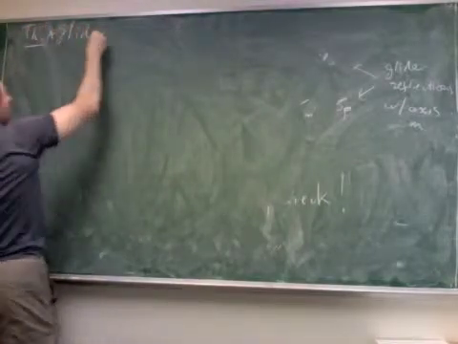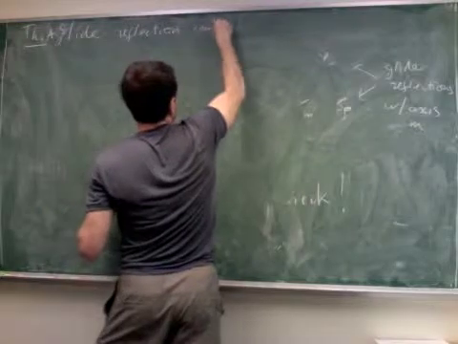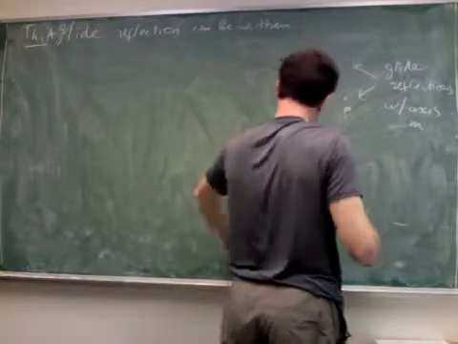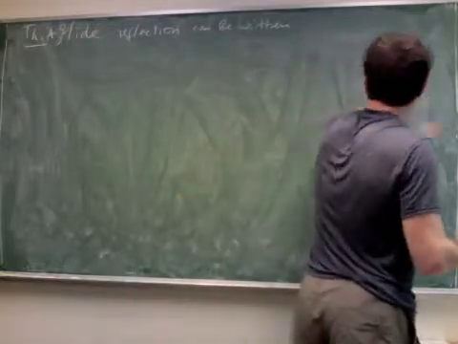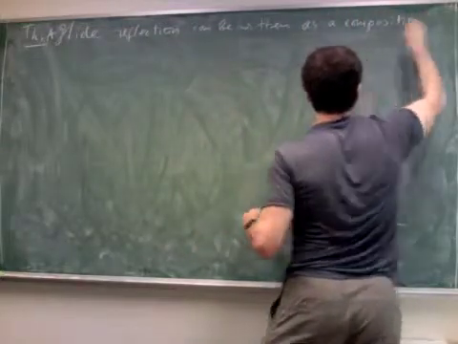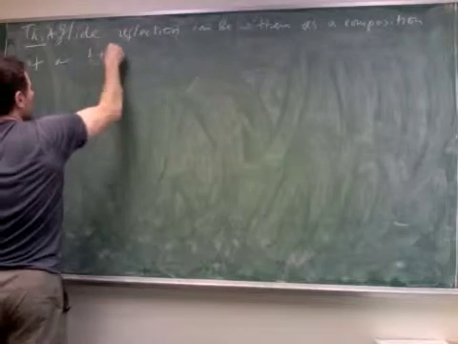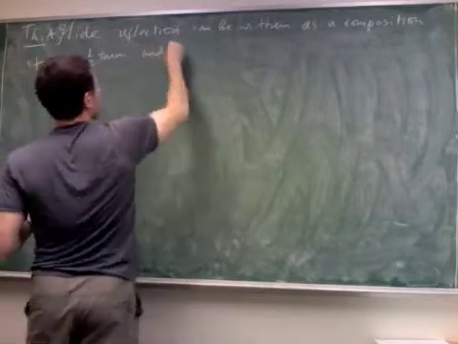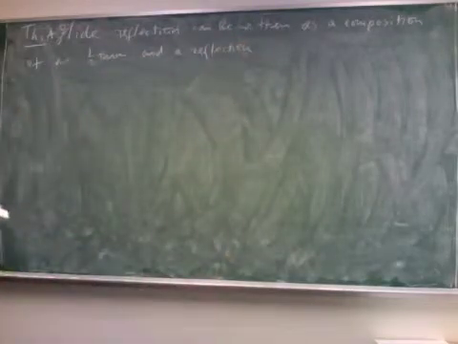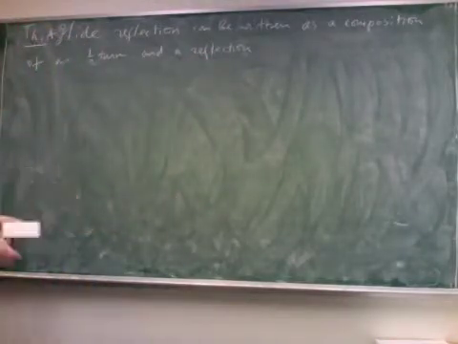A glide reflection, any glide reflection, can be written as a composition of a half-turn and a reflection with the center of the half-turn off the axis of the reflection, in either order, as we have seen.